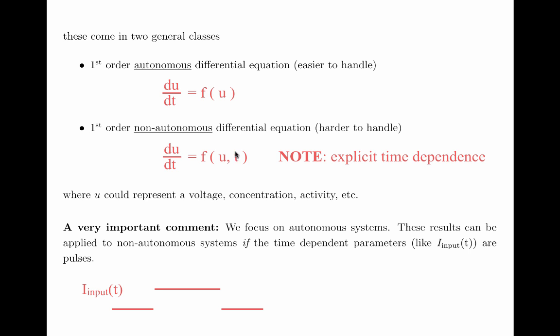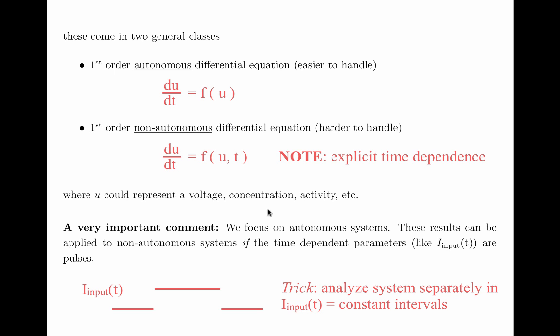And now we have an explicit time dependence on the right-hand side of our differential equation. The trick to analyze this non-autonomous system is to try to break it up into separate intervals where this input is constant. So we might try to analyze the system in this first interval where the input is constant, and then analyze it in the second interval and this third interval, and then try to paste them together. So that's one trick we could try to use if we have a non-autonomous system where the stuff in our function f is changing in time, and it doesn't depend on u.